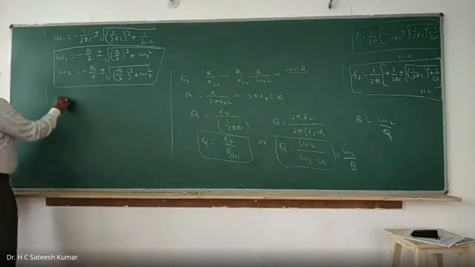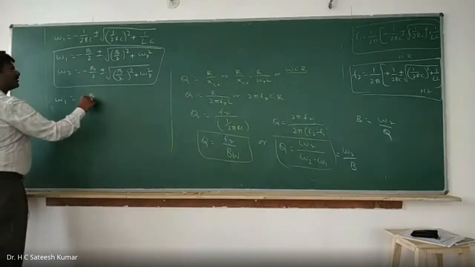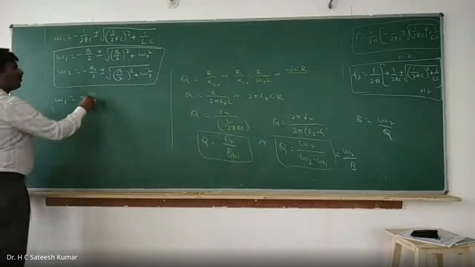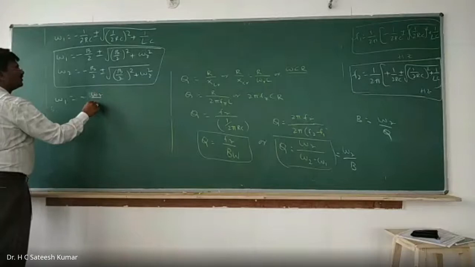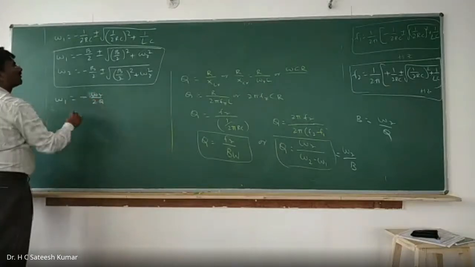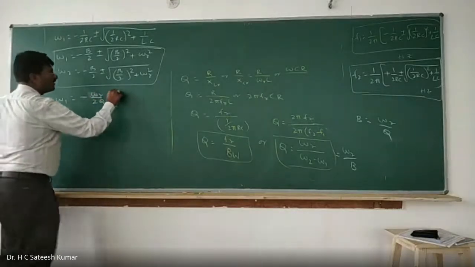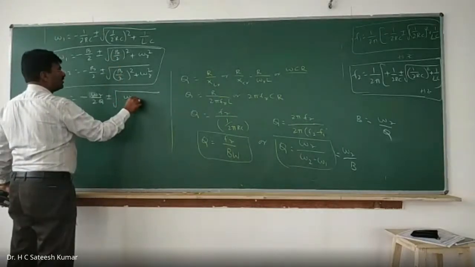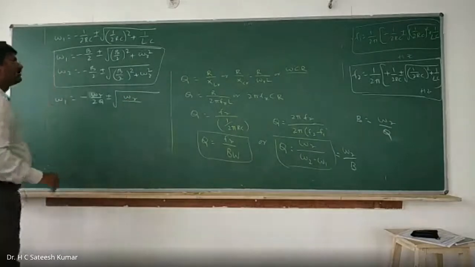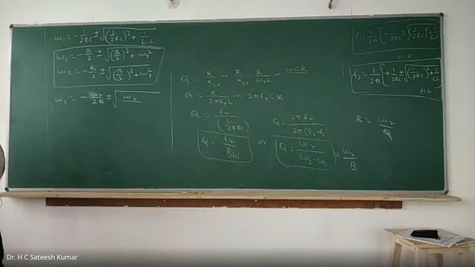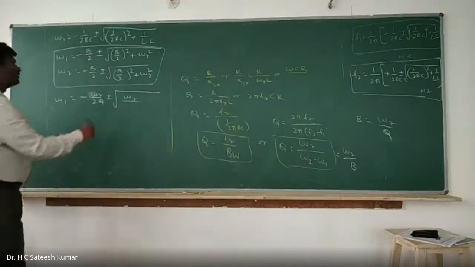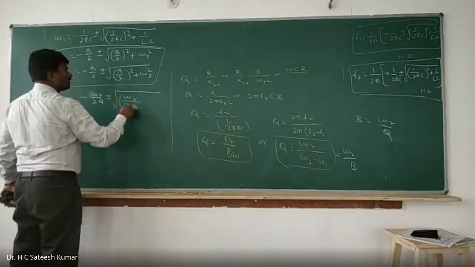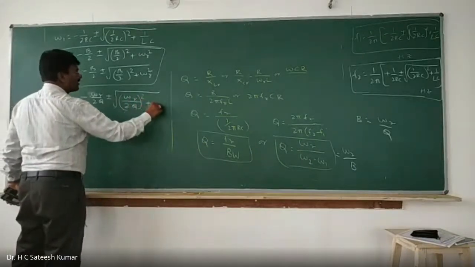So omega 1 is equal to minus B by 2, where B is omega r by Q, so minus omega r by 2Q plus or minus square root of (omega r divided by 2Q) whole square plus omega r square.